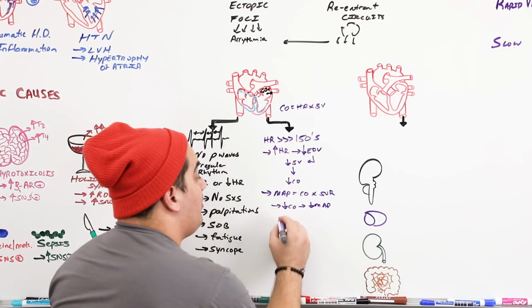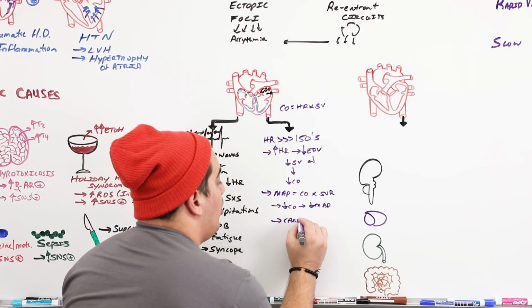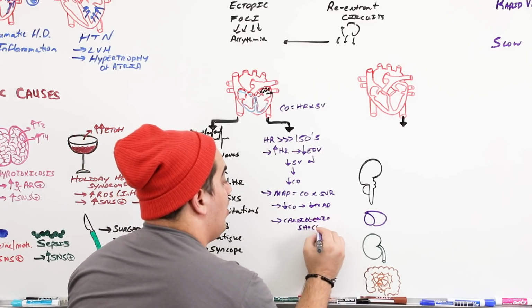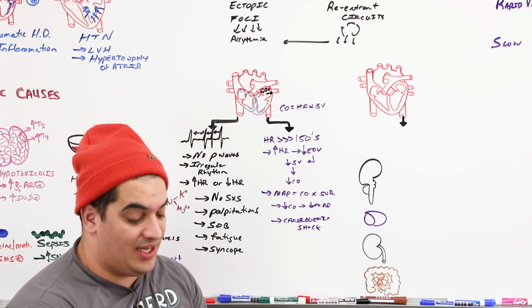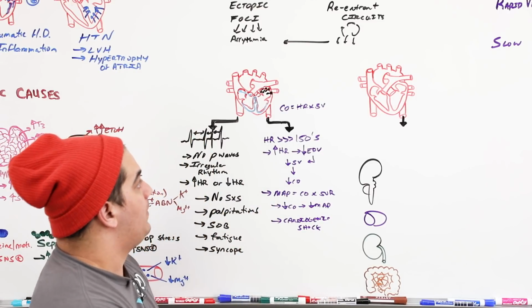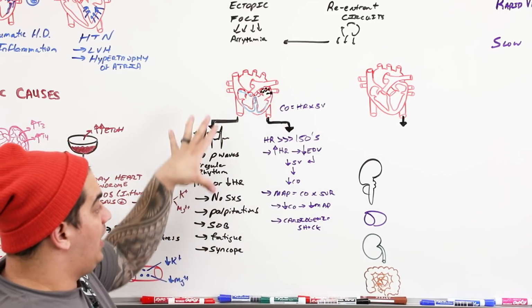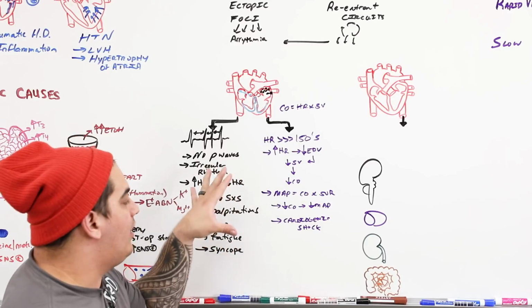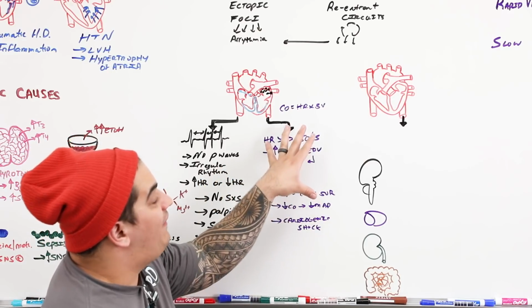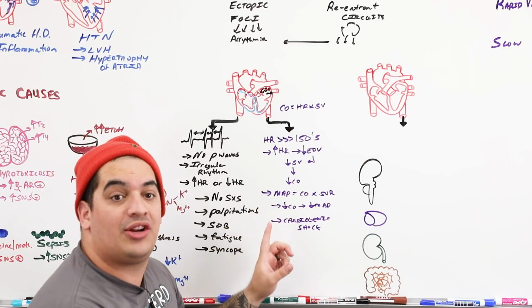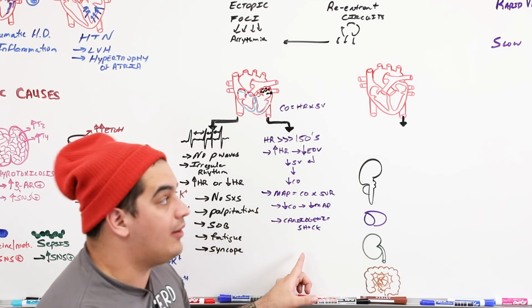And since it's coming from the heart, this can lead to cardiogenic shock. So this is one of the complications that could potentially present. It's usually when the heart rate gets really, really fast that it's a possibility. But again, sometimes it could be completely asymptomatic with just some minor palpitations, fatigue, maybe some shortness of breath, maybe some syncopal episode. If it gets really, really fast to the point where it alters your cardiac output, it could lower your blood pressure and cause cardiogenic shock.